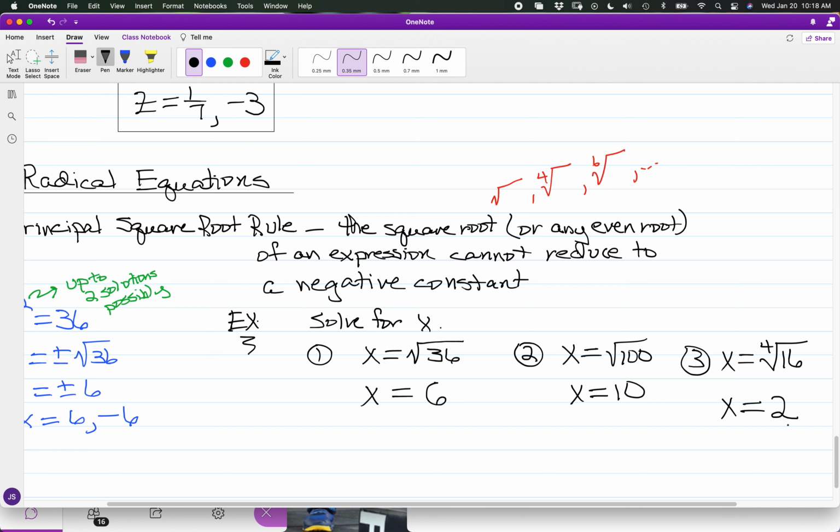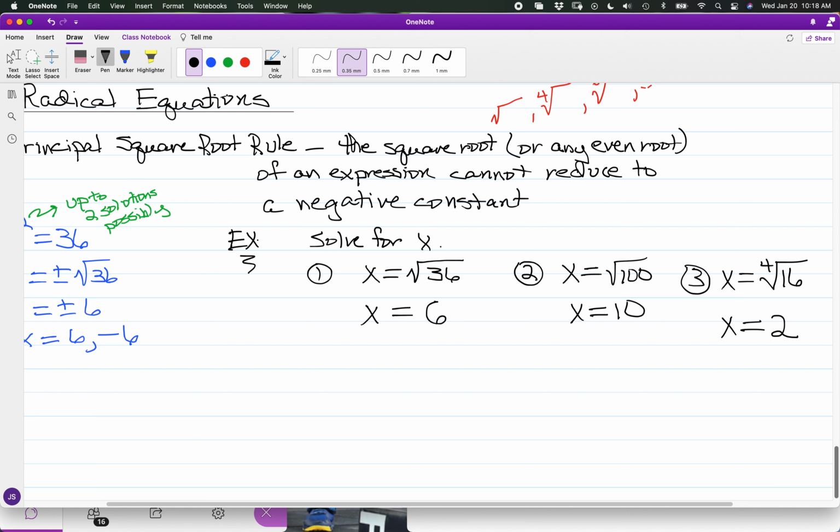All right. Now, in looking at what we have carrying over for x, let's say we have x not outside the radical but inside, and let's say we have the square root of x plus 1 is equal to 8.